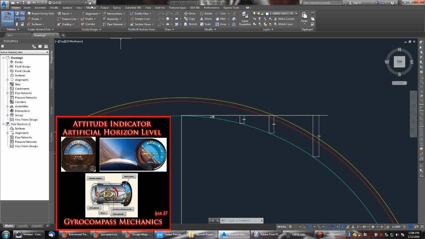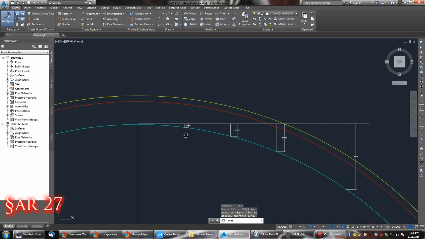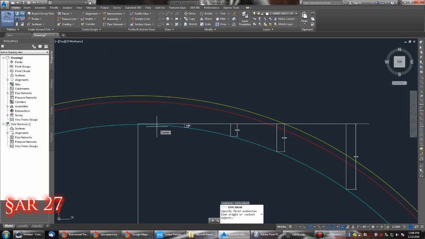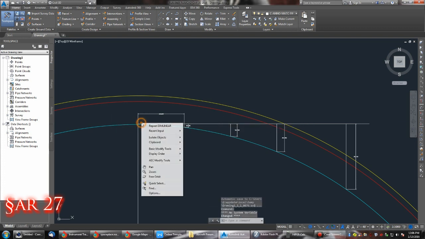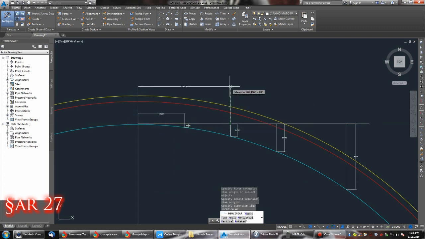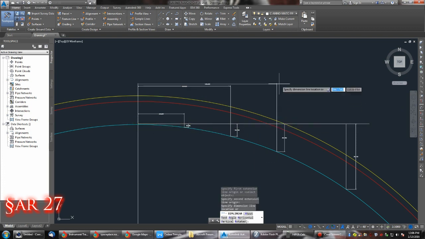Now, I'm going to zoom in here, and I'm also going to do the linear dimension for verification purposes of the 500 and the 1000. There's 1000.